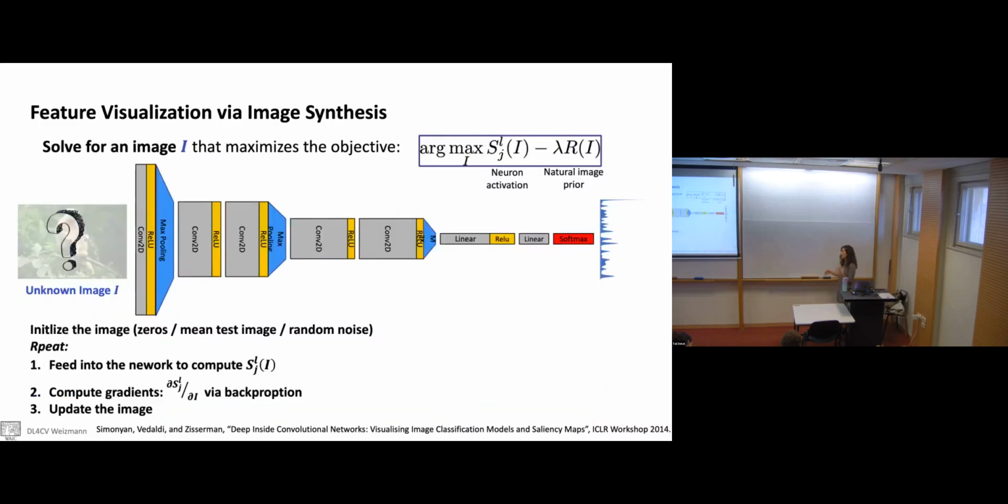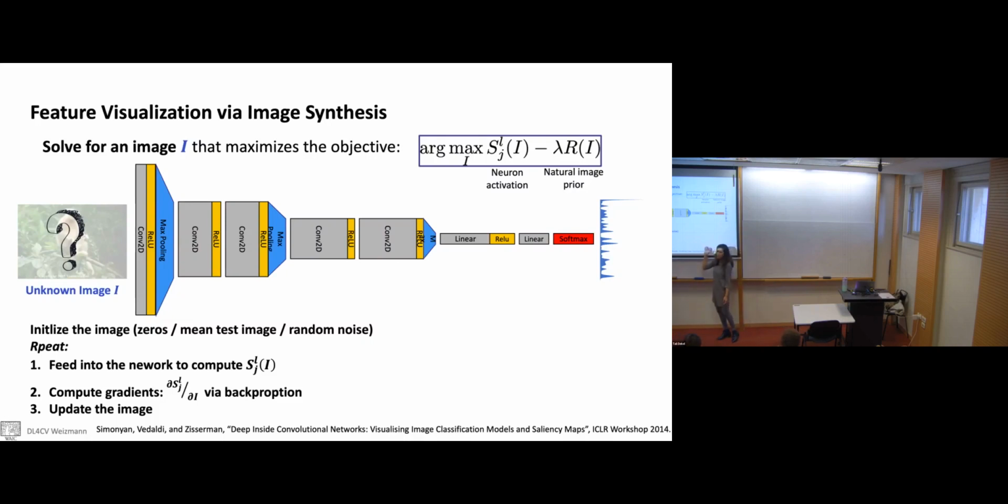So how the entire optimization framework is going to look is as follows. We're going to start our unknown image with some initialization. It could be random noise, it could be some mean image, could be anything. And we're going to feed this image into the neural network and compute the score of this image.